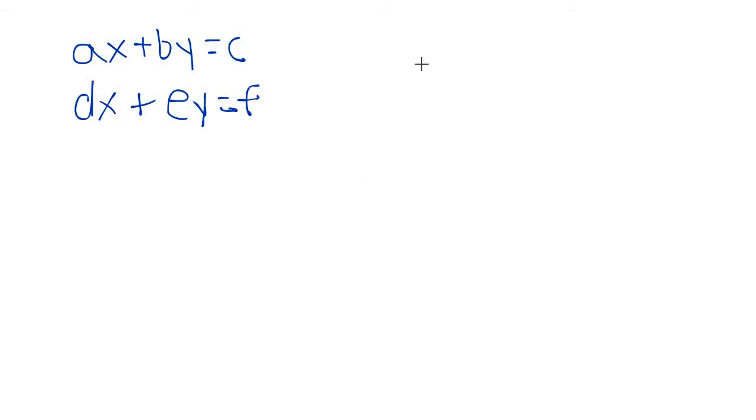And let's just solve for y first, which means we have to get rid of the x's. So our first equation is just going to be the same, ax plus by equals c. While our second equation is going to be multiplied by negative a over d.